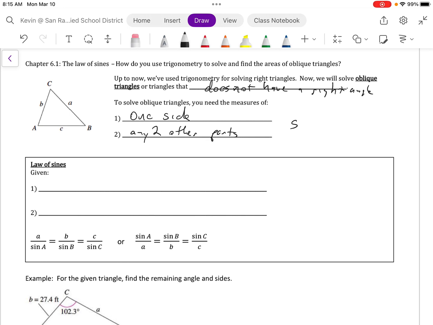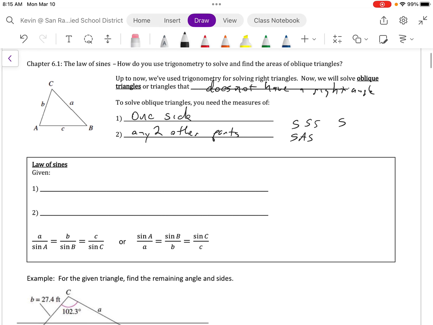So that means you need either a side and two more sides, or a side and an angle, or side, angle, angle. So you need a side and then any two other parts, those other parts being either a side or an angle.